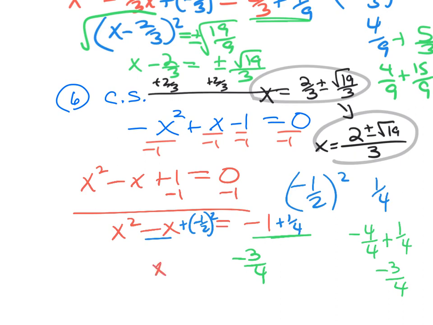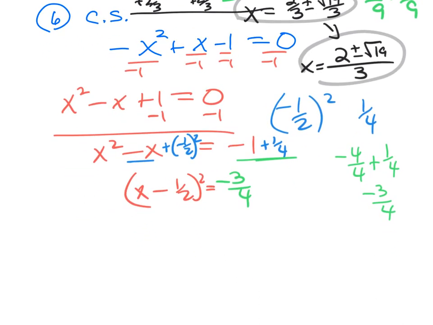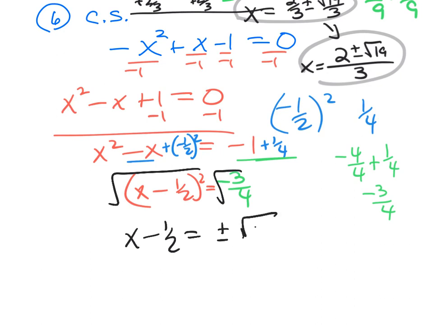This side I'm just going to factor and get x minus 1/2 squared. I'm going to apply the square root method, and I get x minus 1/2 is equal to plus or minus the square root of -3 over 2.